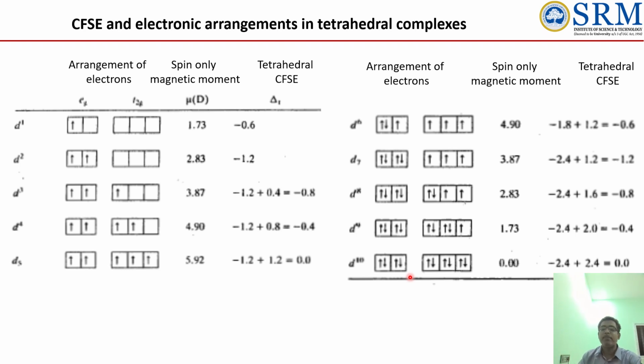So based on the 4 parameters which affect the d orbital splitting, you need to identify whether it is going to be a high spin or low spin type complex. Based on that, we need to arrange the number of electrons in both the t2g and eg orbitals. This will enable you to do flawless calculations with respect to CFSE and spin only magnetic moment.